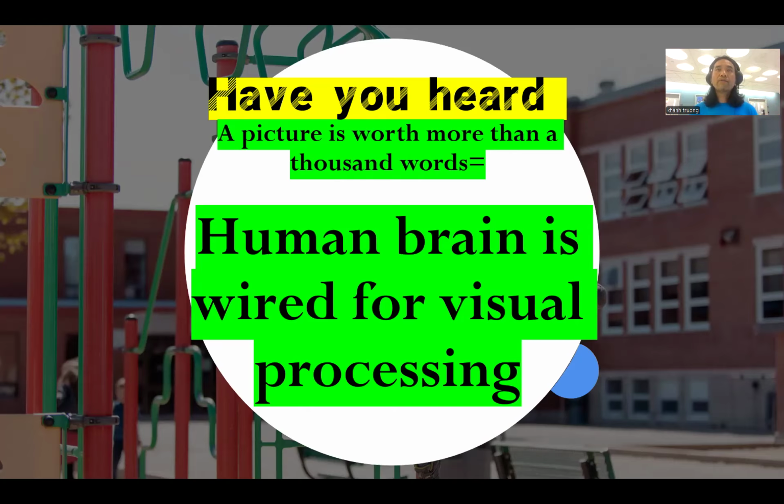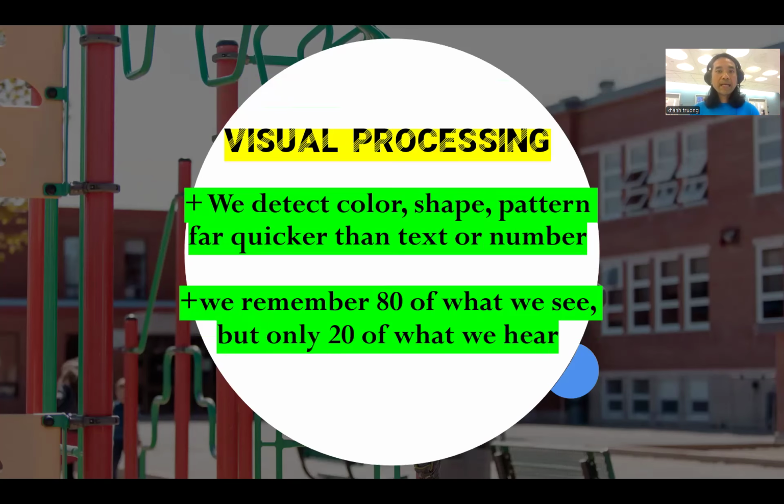The human brain is wired for visual processing, which means we detect color, shape, pattern, and direction instantly, far quicker than text and numbers. I did some research when I prepared for the week 1 presentation, and they say that we remember 80% of what we see, but only 20% of what we hear.